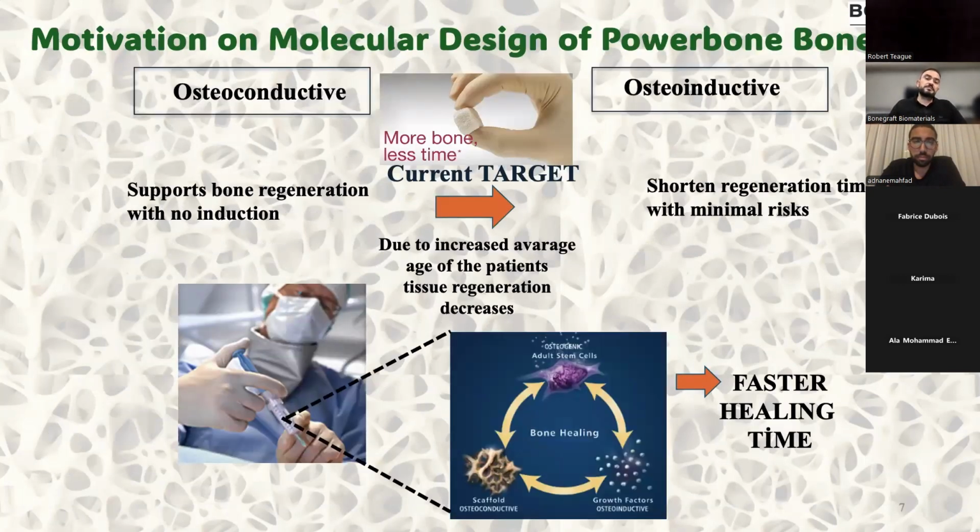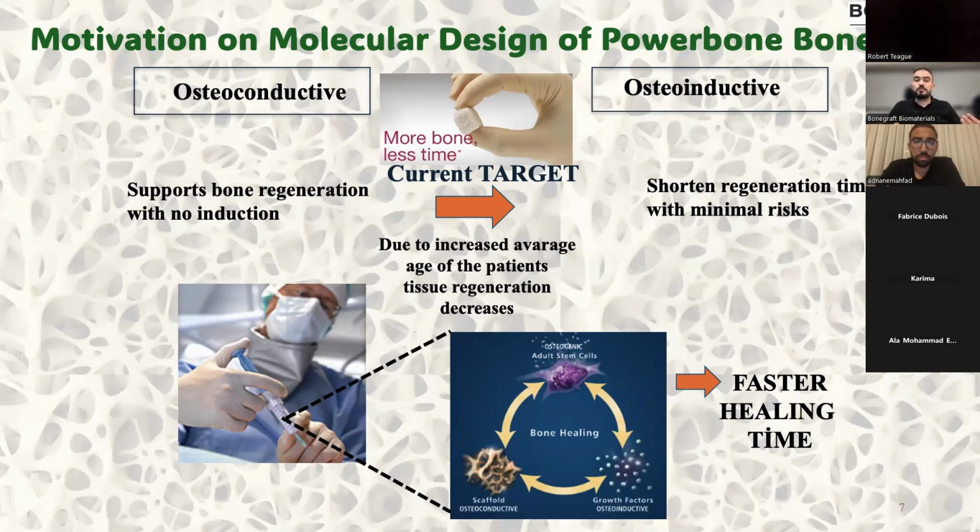So based on these known facts in the field of bone graft usage, specifically in the dental field, we had our guideline: we have to have osteoconductive characteristics, definitely, because our graft molecules need to serve in three dimensions during the regeneration process, but at the same time, with the key molecular formulation, we have to have osteoinductivity to speed up the bone regeneration.